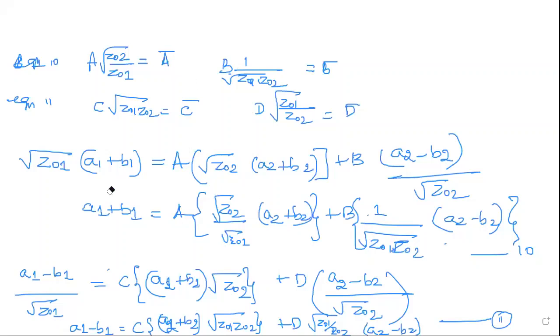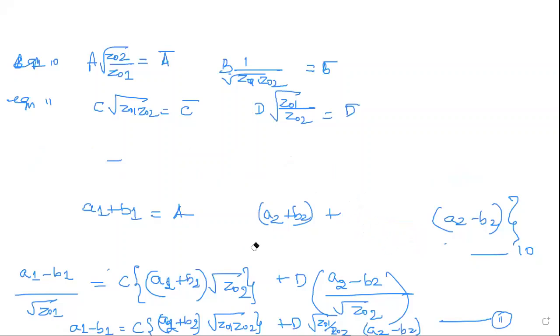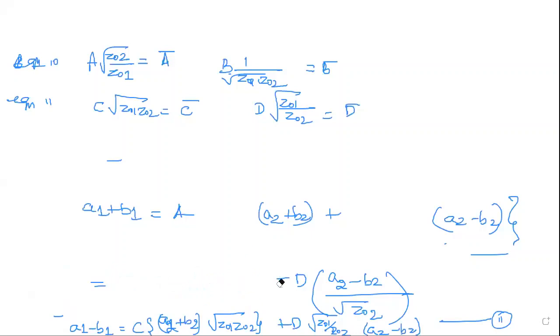So if I take the first term, it will become in terms of a bar and b bar. This term will get cancelled. Instead of that, we can write it as a bar. Similarly, write instead of b by square root of z naught by z naught 2 as b bar. And here also you can write instead of c square root of z naught 1 into z naught 2 as c bar and the other term as d bar.